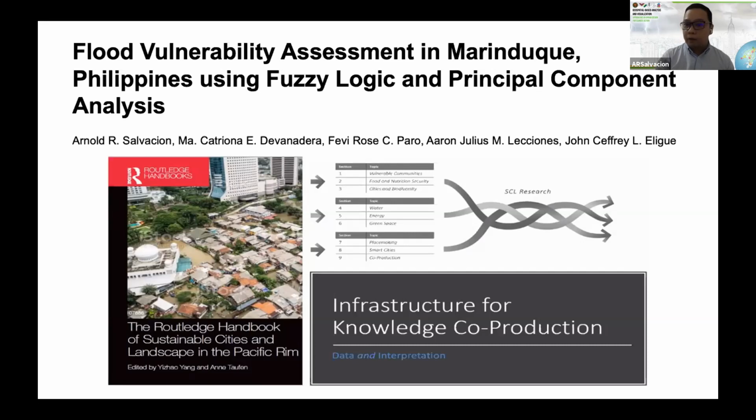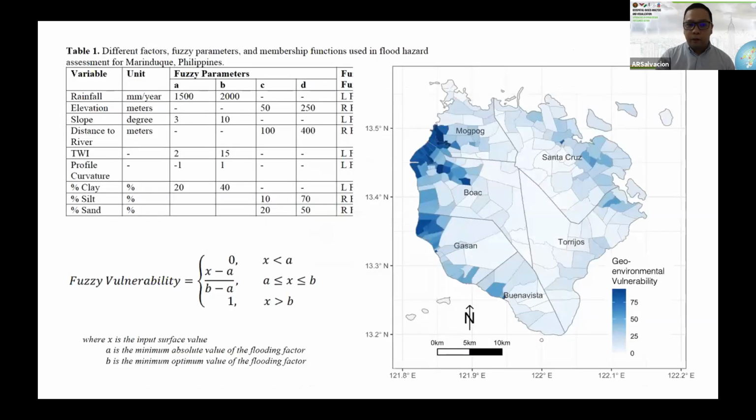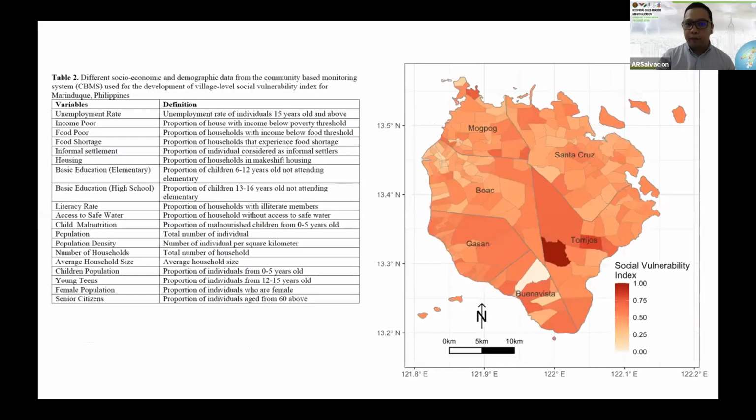This is on vulnerability assessment using fuzzy logic and principal component analysis. Here we try to find and delineate those areas in Marinduque which are highly vulnerable to flooding. So we combine these biophysical parameters: slope, rainfall, elevation, distance to river, and so on and so forth. We combine it with socioeconomic variables to come up with this one.